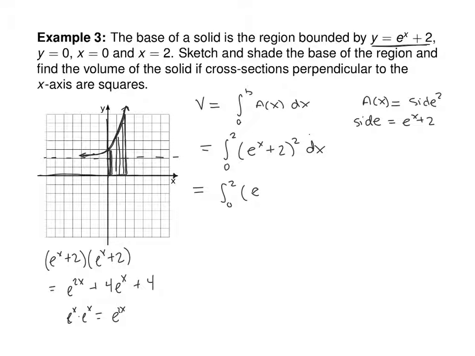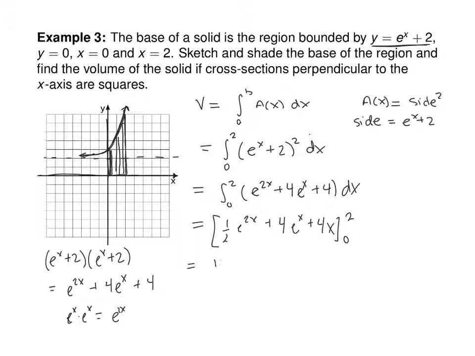So e to the 2x plus 4 e to the x plus 4. Anti-differentiate: 1/2 e to the 2x plus 4 e to the x plus 4x, evaluated from 0 to 2.